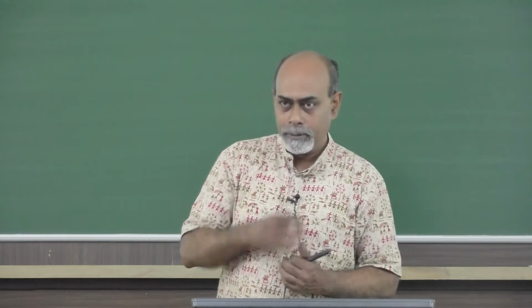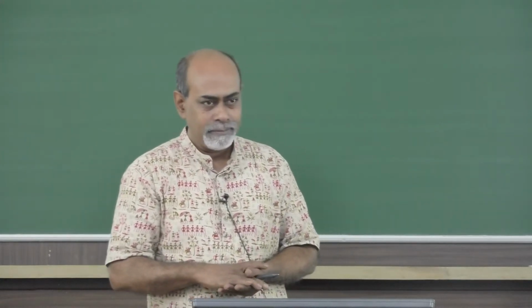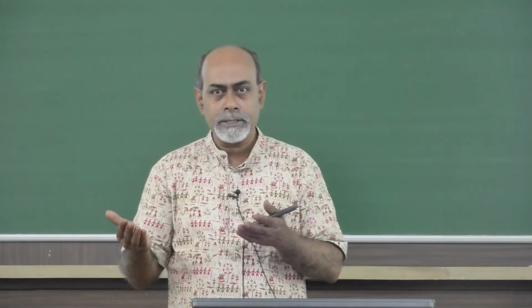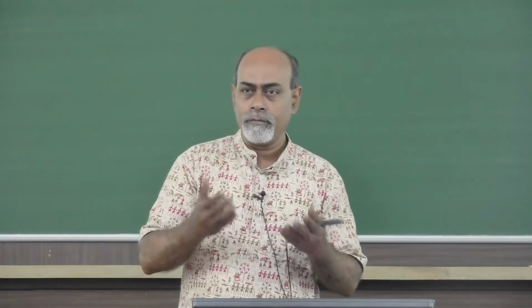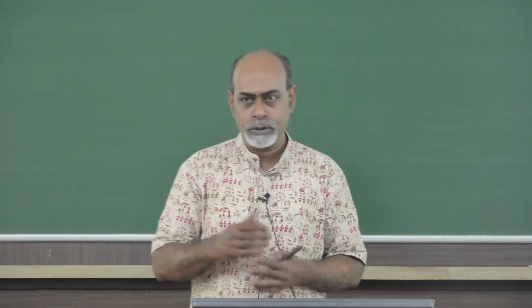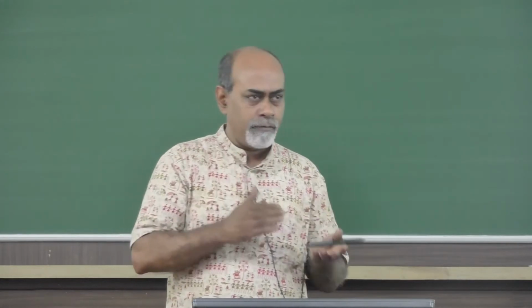To begin with, I will refresh your memories by talking about what is called Faraday's law. Faraday's law says that when flux changes, it results in the production of an EMF. EMF is just a fancy word, electromotive force, for voltage. And how much voltage will the change in flux produce?